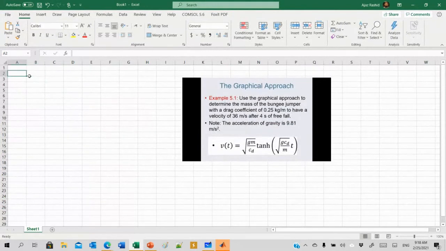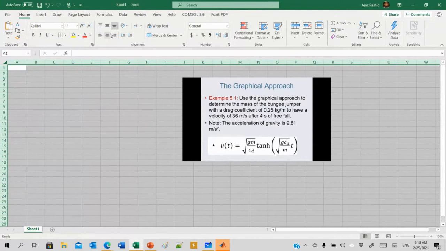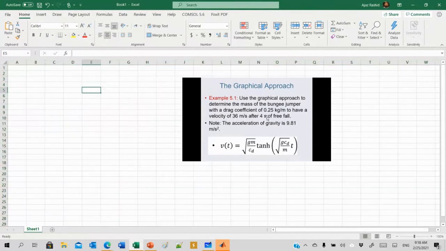So we want to plot to find the value of the mass for the bungee jumper.